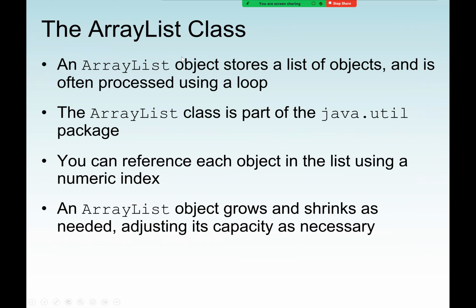Next, we talk about ArrayList. Again, the ArrayList class, we are going to get more detail on it somewhere around chapter 8 or 9 of our course textbook. Now, just to have the idea of what ArrayList is: ArrayList, again, is an object. An ArrayList object stores a list of objects. As we all know, an array normally stores a list of items, but here we are using the concept of object-oriented programming.